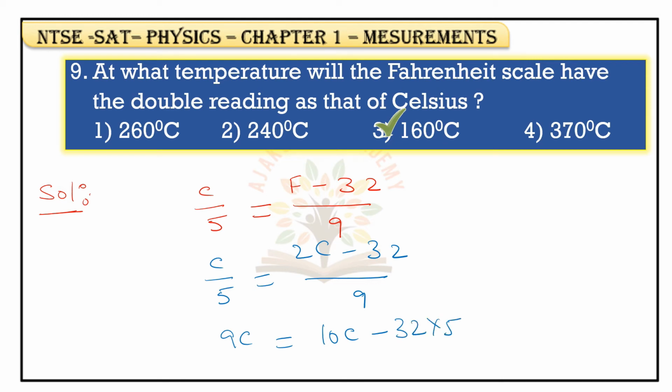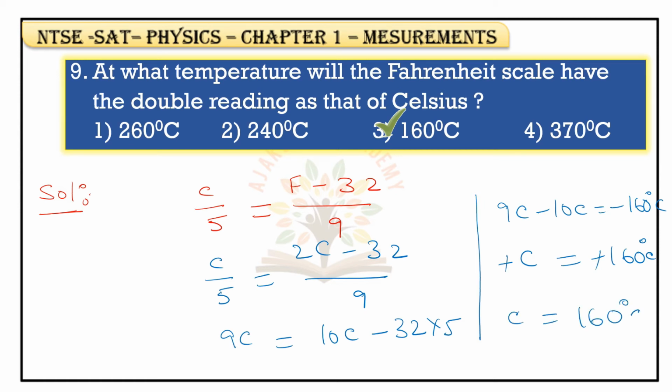So here 9C minus 10C is equal to minus 160. So minus C is equal to minus 160 degree centigrade. The minus signs cancel, C is equal to 160 degree centigrade.